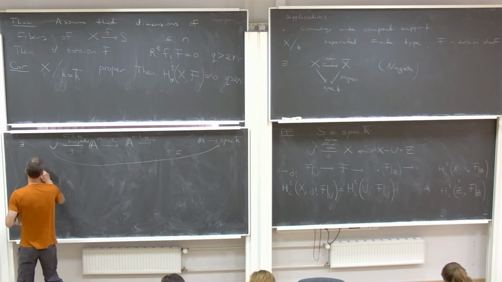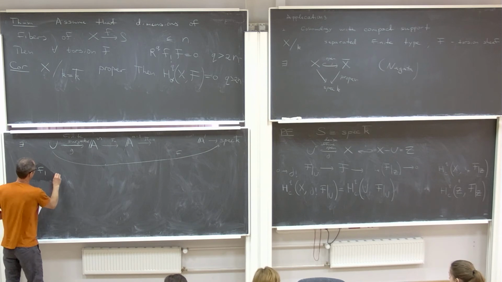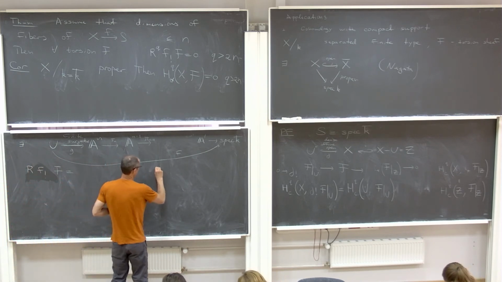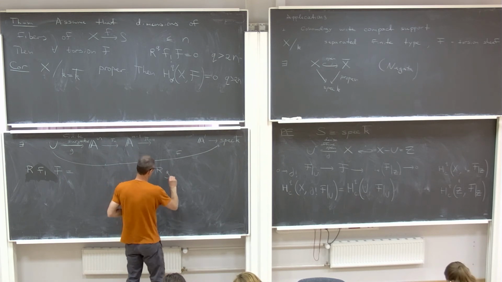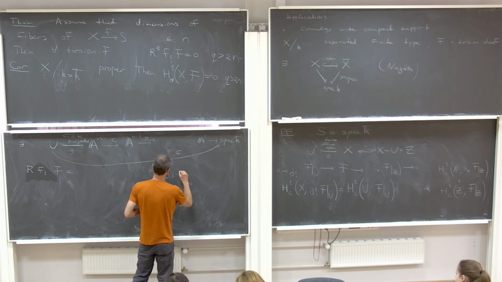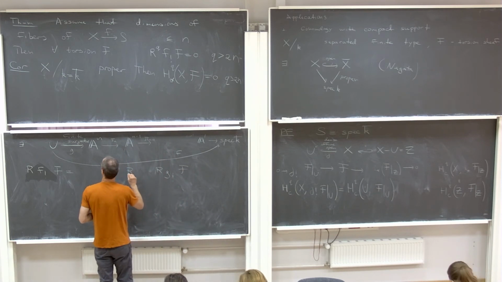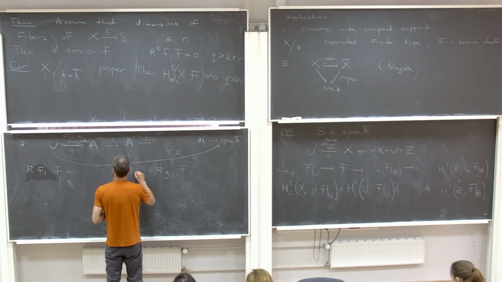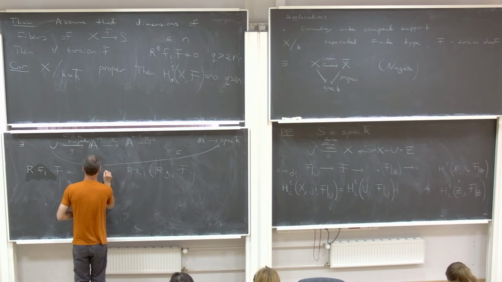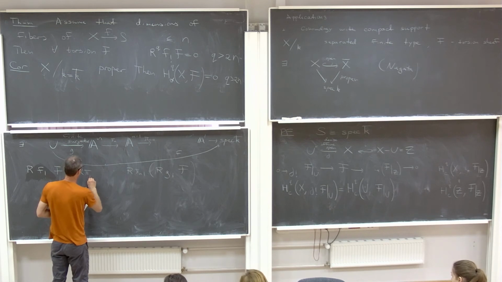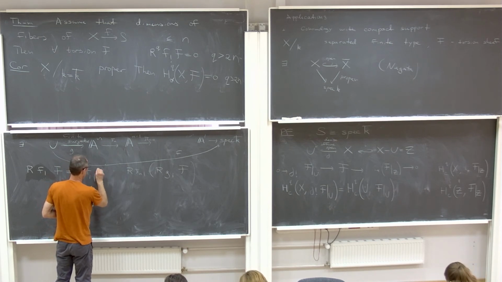So R f lower star of F is the composition. So you take R g lower star of F, then you take R pi n lower star, and so on, R pi 1 lower star.